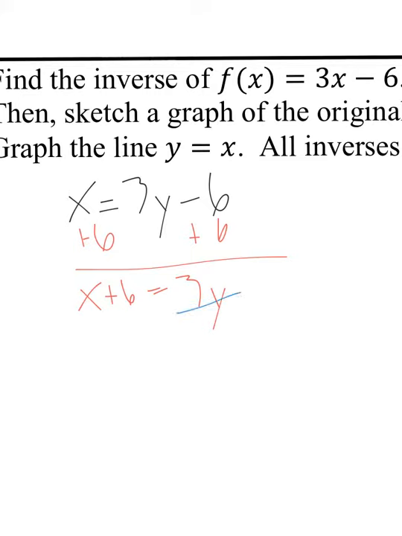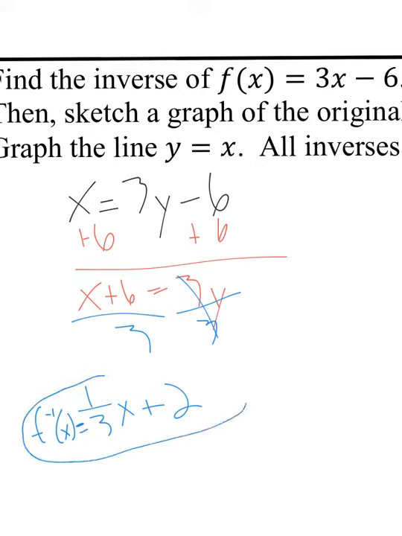And so now I'll divide everything by 3. And so x over 3 would just give me 1/3 x. And 6 over 3 would give me 2. And I can write that with f to the -1 of x equals that. Alright? And so all I need to do now is graph that.